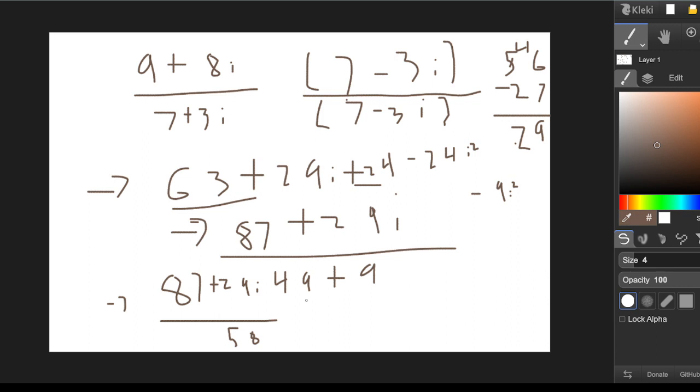And we can simplify that a little bit. 87 over 58, that's 3 over 2, plus 29 over 58, that's a half, so I'm going to write that as i over 2. So you can rewrite that as 3 plus i all over 2 if you want it under one common denominator.